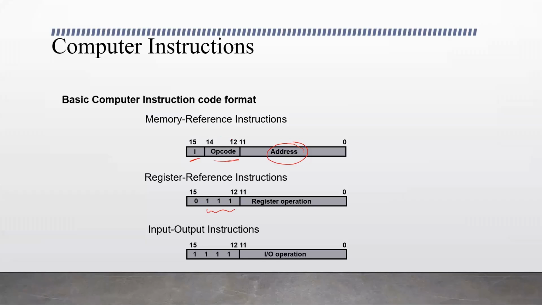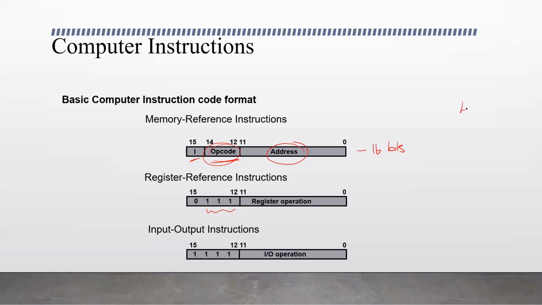Here, if you see the first format, the opcode is 3 bits. The number of bits used for storing the operation code. Here, if you see, it is 16-bit. The instruction code has totally 16 bits. And out of 16, 12 bits are used for address, specifying the address in the memory. Why 12 bits?